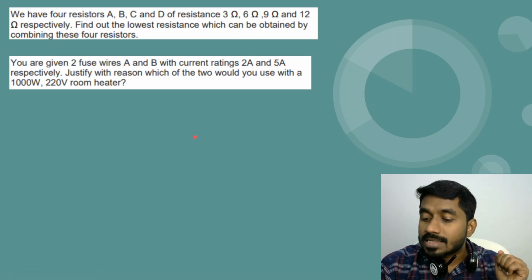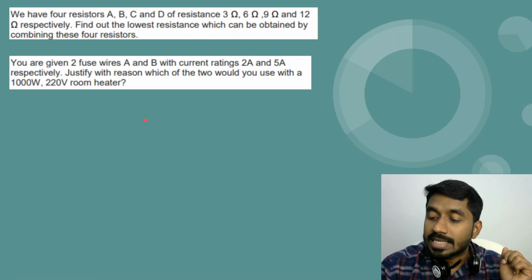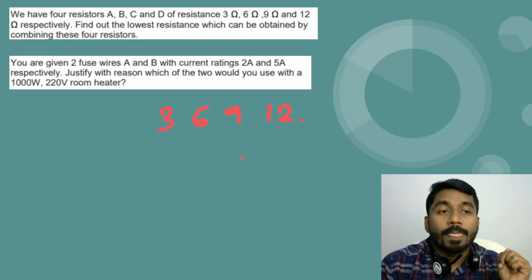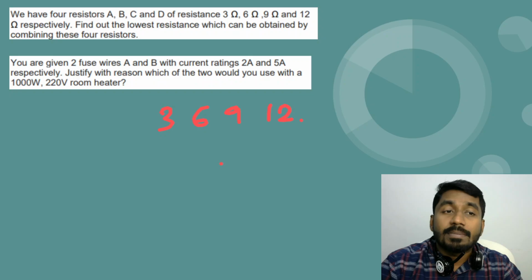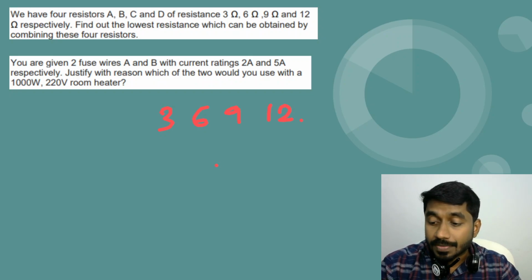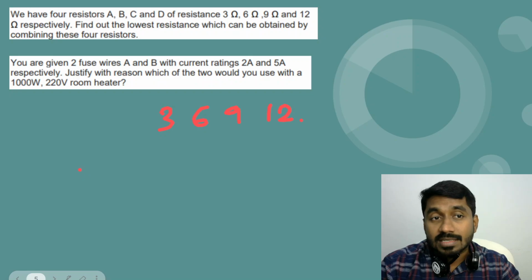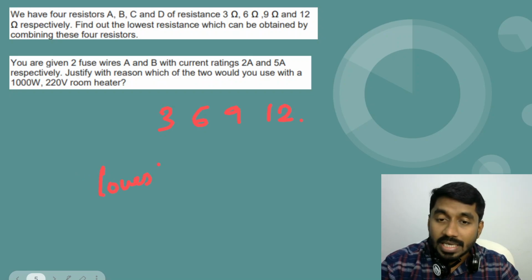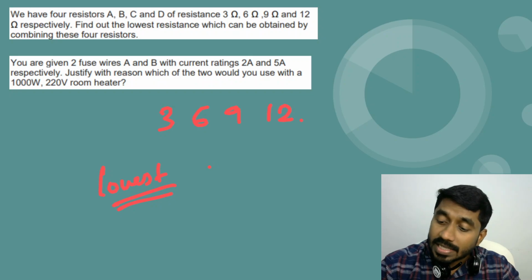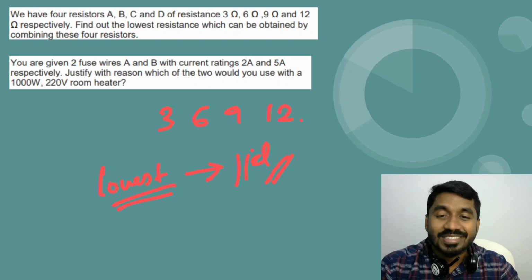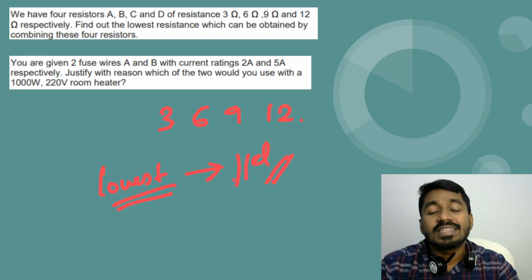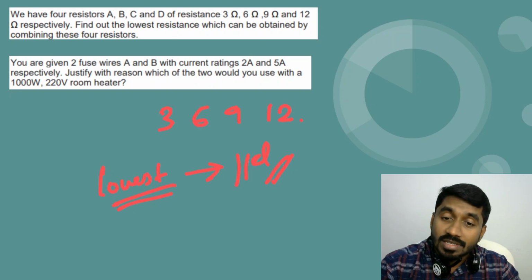We have 4 resistors A, B, C, D of resistance 3 ohm, 6 ohm, 9 ohm and 12 ohm. Find out the lowest resistance which can be obtained by combining these 4 resistors. Lowest resistance means connect the resistors in parallel. Connect the resistors in parallel, you will get the lowest resistance.